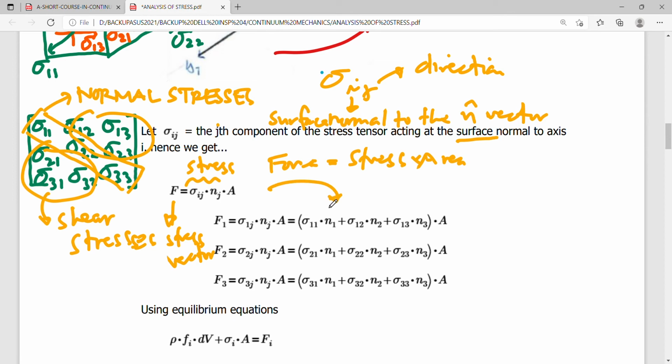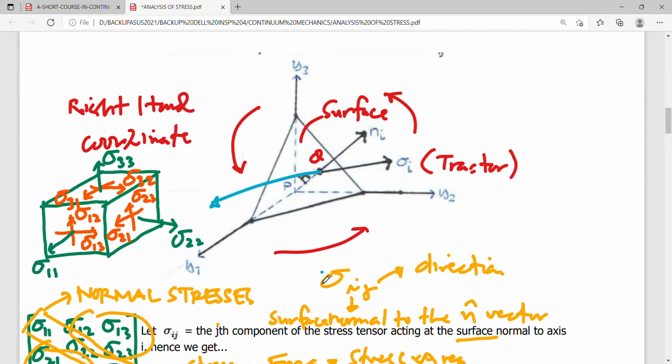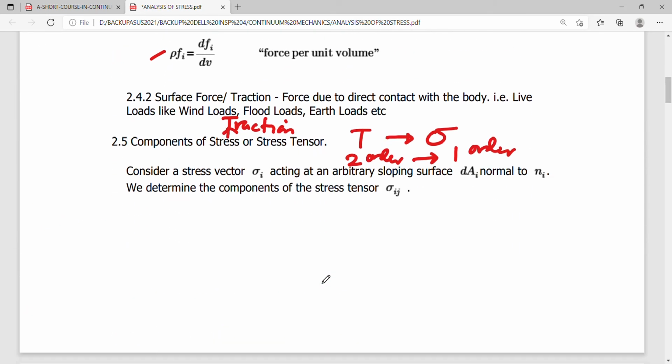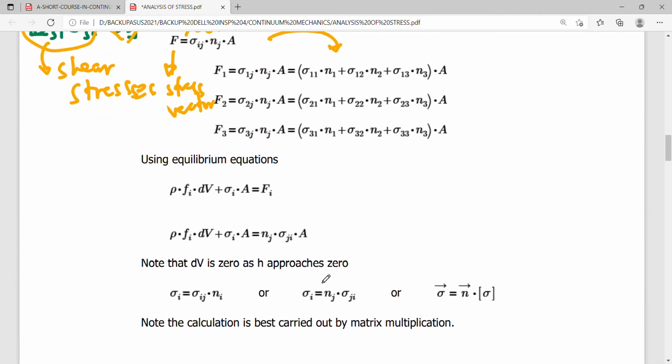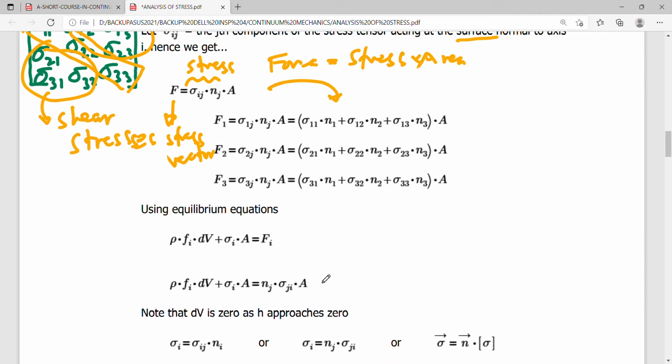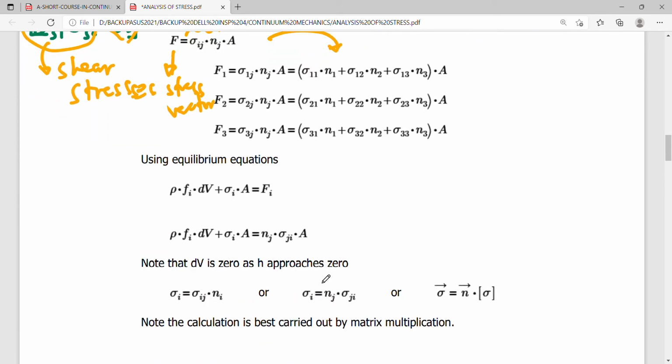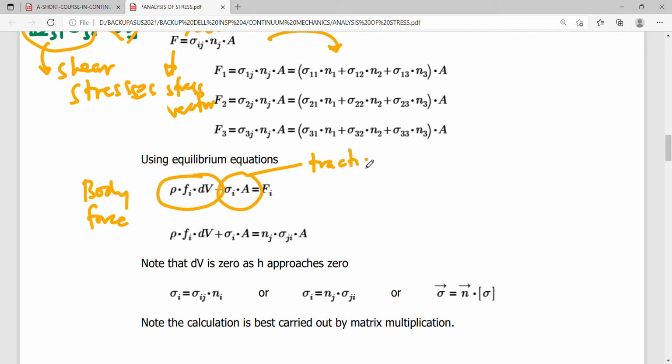And using the equilibrium equation as derived, we now get the body force plus the traction force is equal to the resultant force.